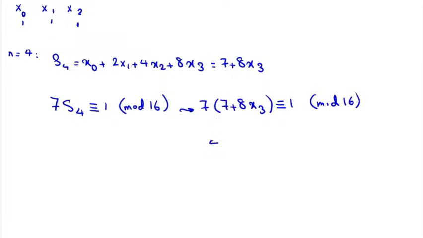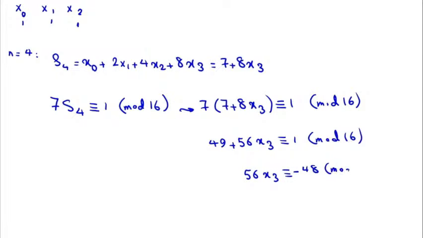7 times 7, 49, plus 7 times 8, 56, x3 is congruent to 1 mod 16. Then if we take 49 to the right-hand side, it will be negative 48 mod 16. Now, if we divide both sides by 8, 7x3 is congruent to negative 6 mod 2.